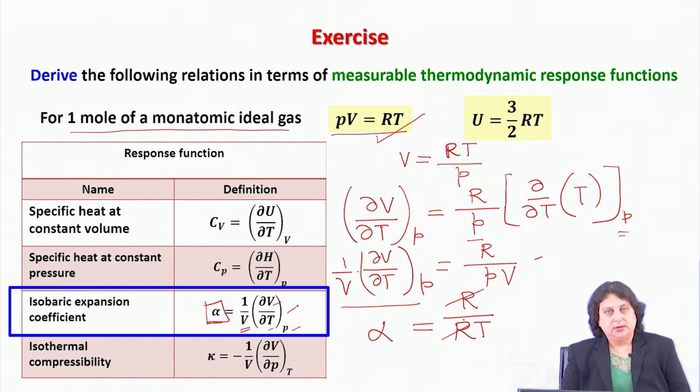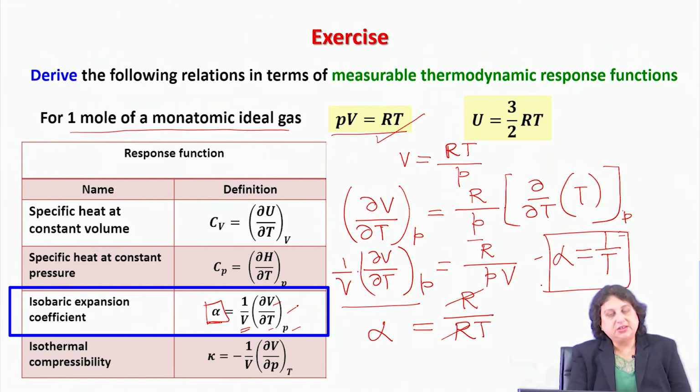I cancel R from the numerator as well as from the denominator, and what I have is alpha is equal to 1 by T. Now what does this expression tell me? It tells me that if I know the temperature at which the ideal gas is present, then I can immediately say that the isobaric expansion coefficient is equal to 1 by T.